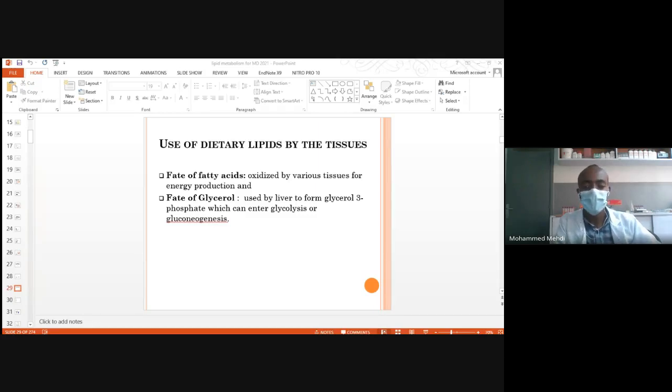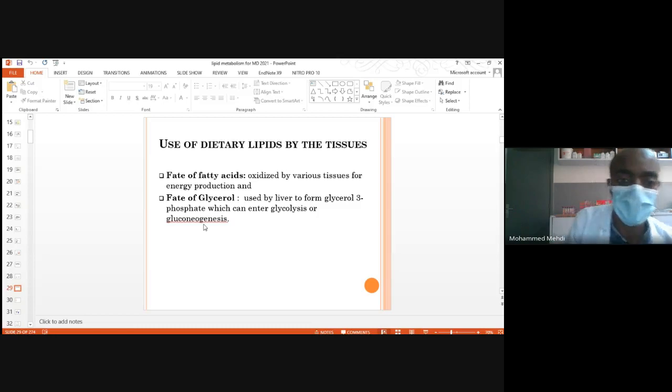Glucogenic amino acids can be converted to glucose, as can lactate, pyruvate, and propionyl-CoA, which is formed by beta oxidation of odd-number carbon fatty acids. Glycerol from lipolysis, the degradation of triacylglycerol, also forms glycerol. So these are some of the sources of glucose through gluconeogenesis.